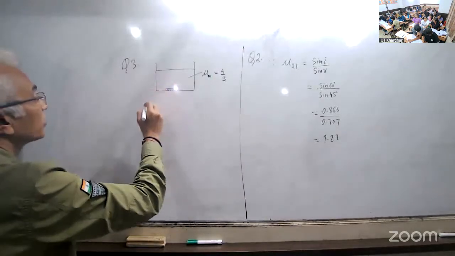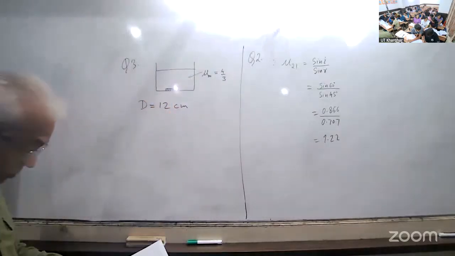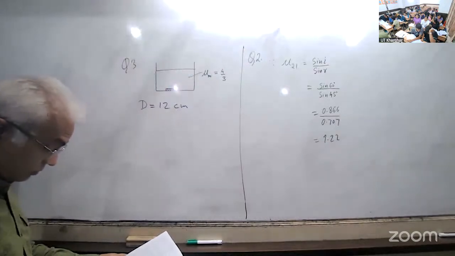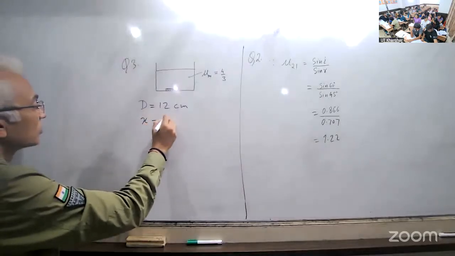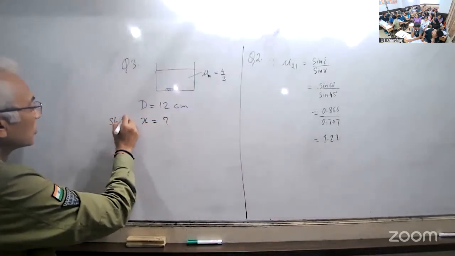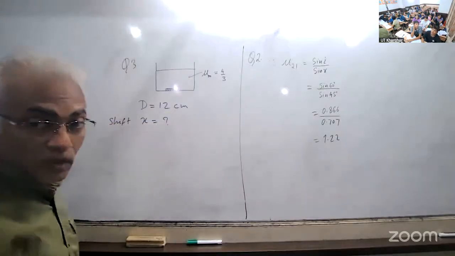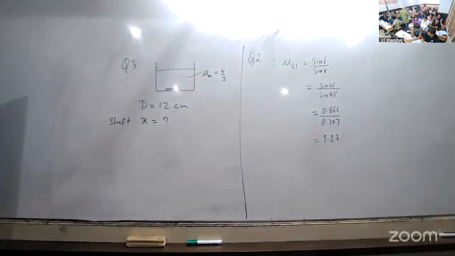The total depth, 12 centimeters. They have to actually find the shift. In this case, you have to find the height by which the coin is placed. You have to actually calculate.